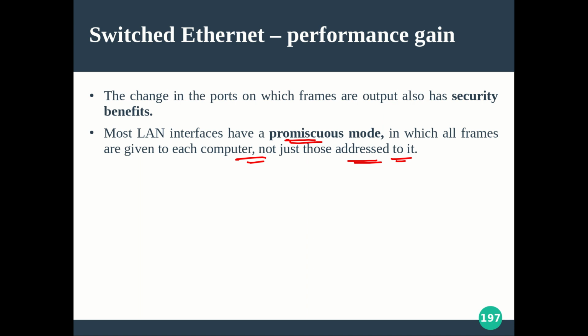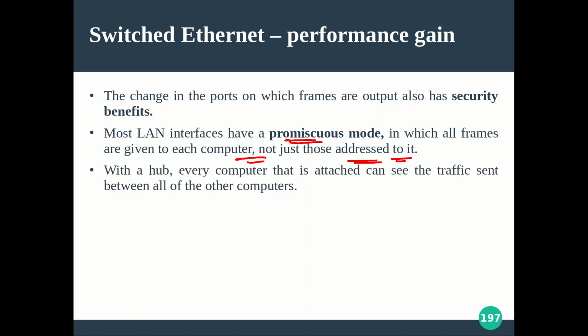But that kind of problem is not there with switch-based Ethernet, because as we already saw, the communication from A to B is completely independent from the communication happening from C to D. In that way, every frame is correctly delivered to the port that corresponds to the actual destination only, and others are not given access to the data.